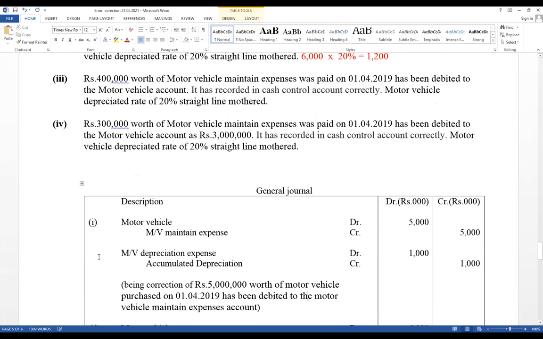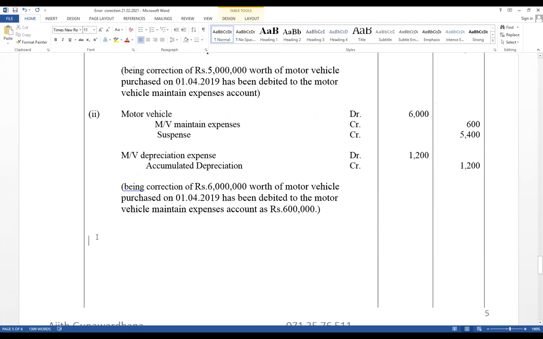Third one: motor vehicle maintenance expense account debit, value equal 400, and motor vehicle account credit.